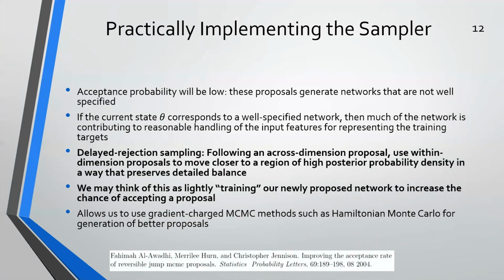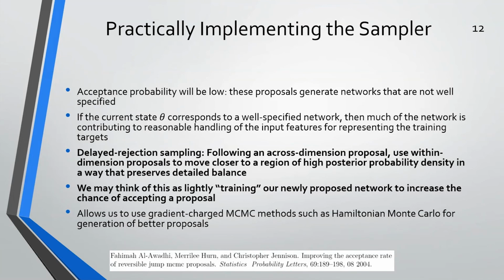And again, just in the interest of giving a very high-level conceptual overview, what we have done to try and make this work is we're using something called delayed rejection sampling, which you might think of as lightly training our newly proposed state of the Markov chain, the newly proposed network, to increase the chance of accepting a proposal.